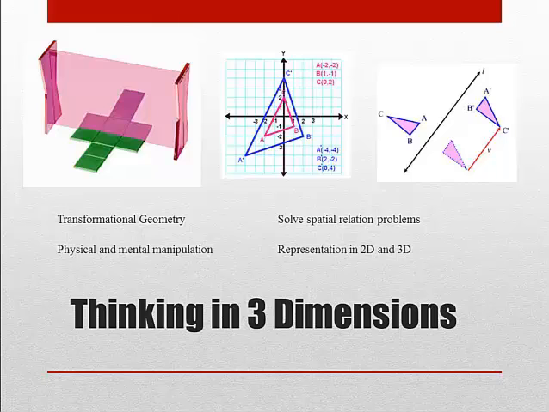He also discusses the importance of physical and mental manipulation and the representation of objects in 2 dimensions and 3 dimensions to develop both the ability to solve these spatial relation problems and the more complex spatial visualization tasks. He also proposed that the representation of 3D objects by 2D diagrams requires a cognitive understanding of the whole part.